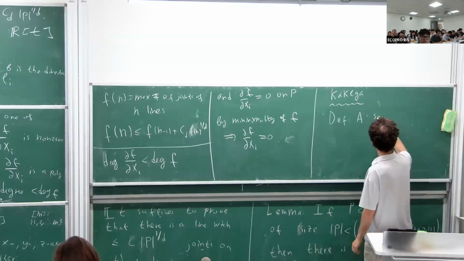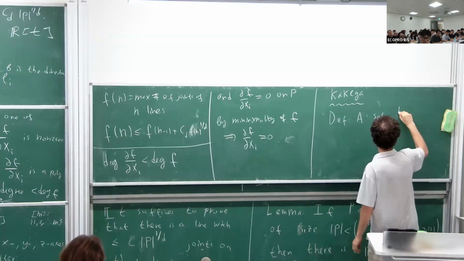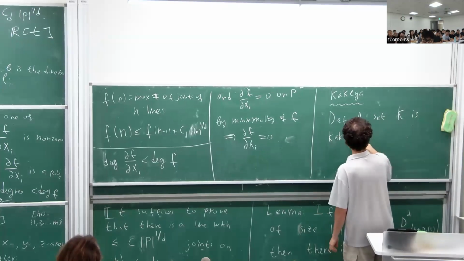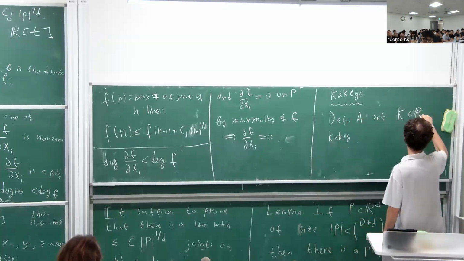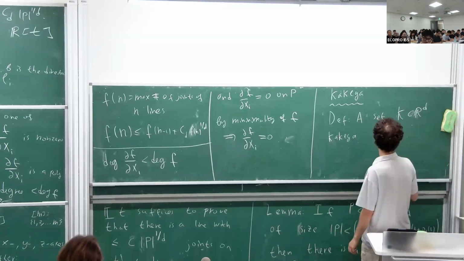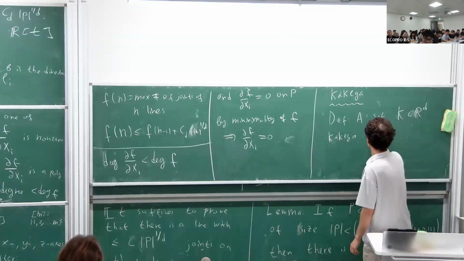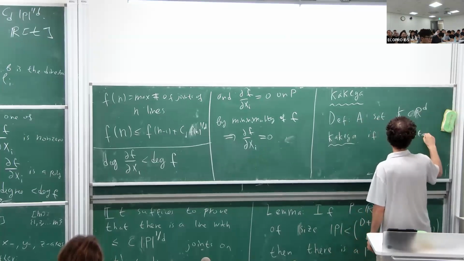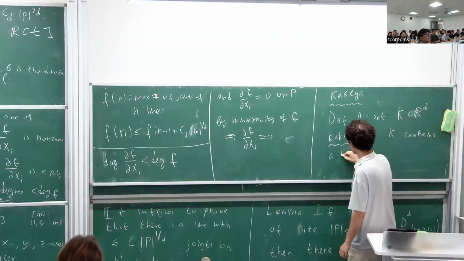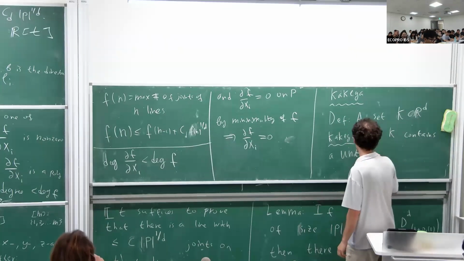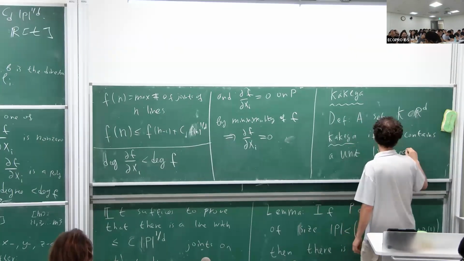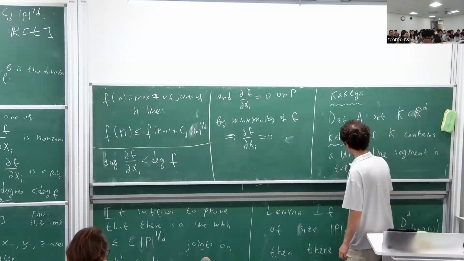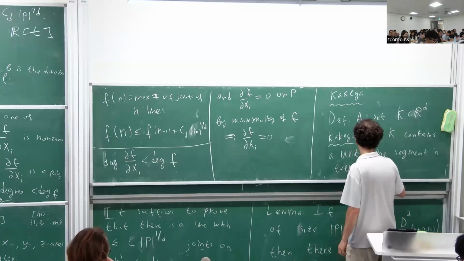A set K in R to the D is Kakeya if K contains a line segment in every direction.